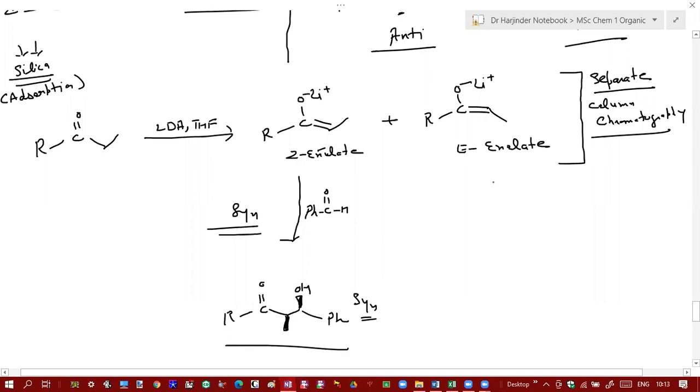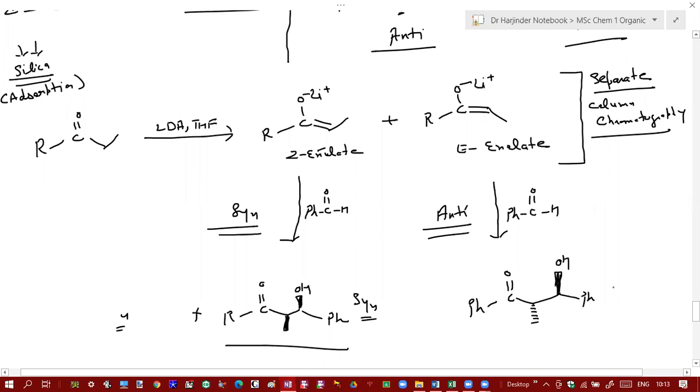And when you treat the E enolate with benzaldehyde, you will get anti addition in which both groups are on opposite sides. So here also you will get another product. What will be the other product? And here also you will get another product. And what will be the second product here?